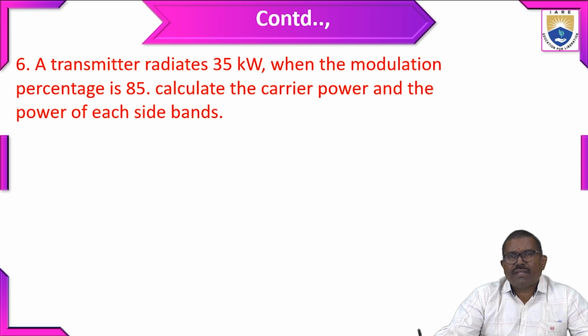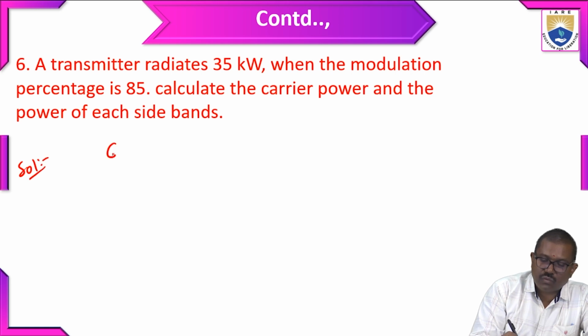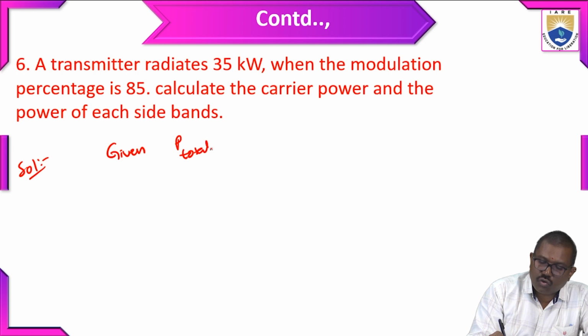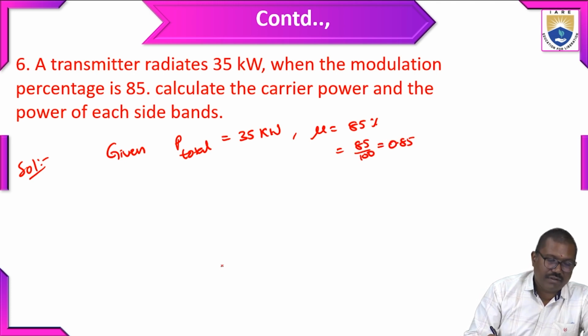Using those two parameters, we are going to calculate the carrier power and the power of each sideband. So let us solve. Given: P total is equal to 35 kW and mu is 85%. 85% means 85 by 100, taken as 0.85.